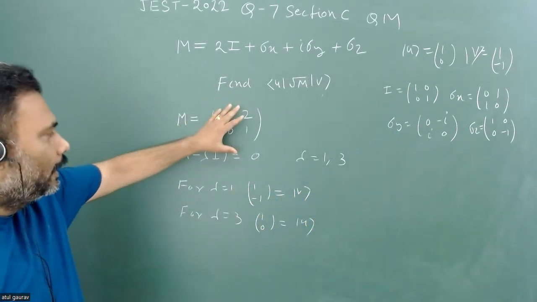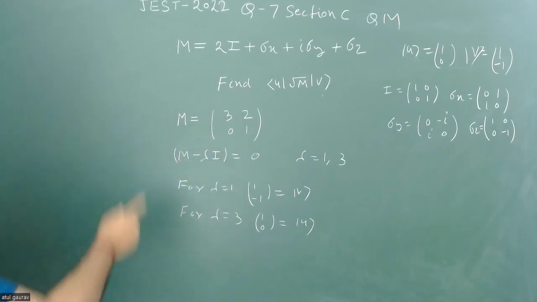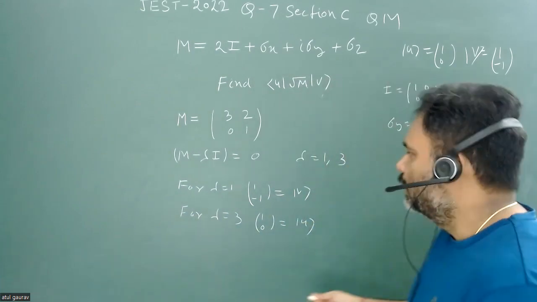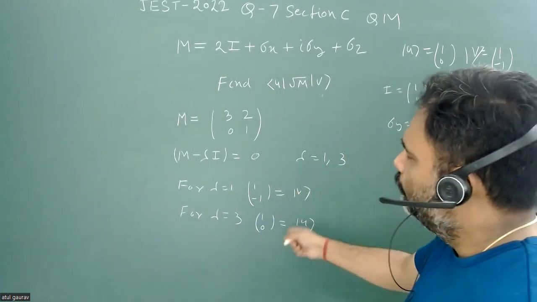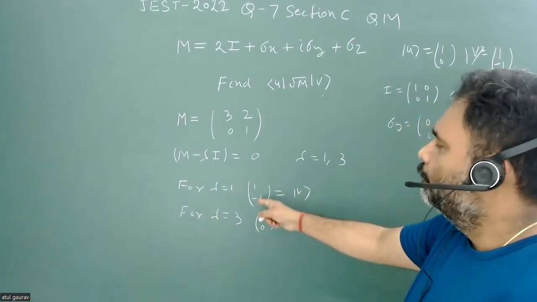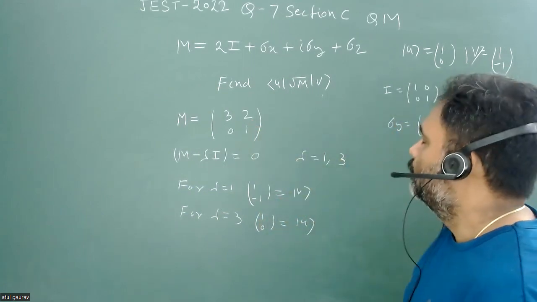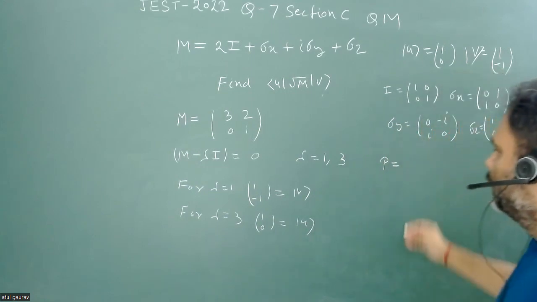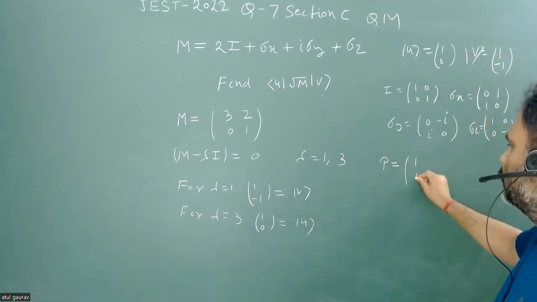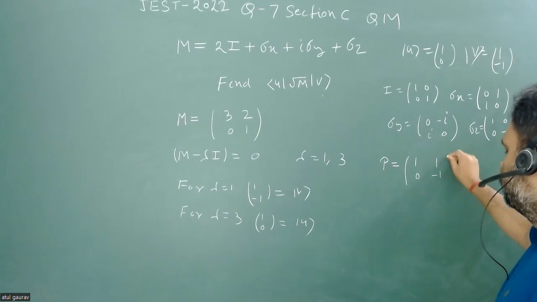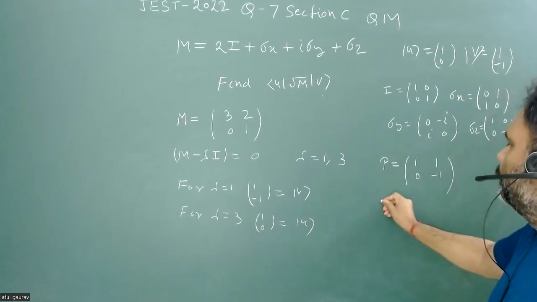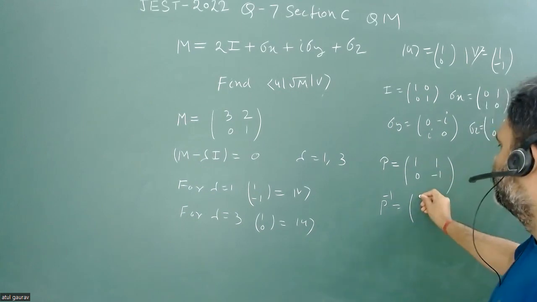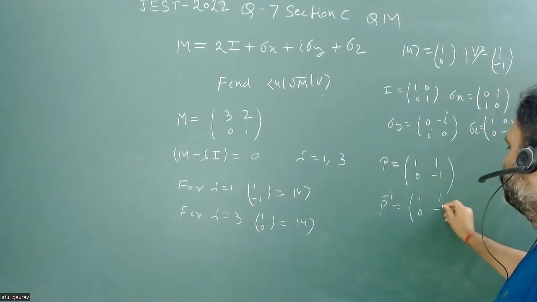So if we diagonalize this particular matrix M with some matrix P, that P can be formed on the basis of the eigenvectors of this matrix. So I can create this P matrix, and P is equal to 1 0 1 minus 1. We can find the P inverse, and luckily this P inverse is the same one, 1 0 1 minus 1.